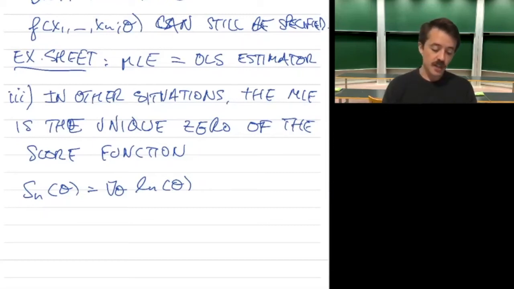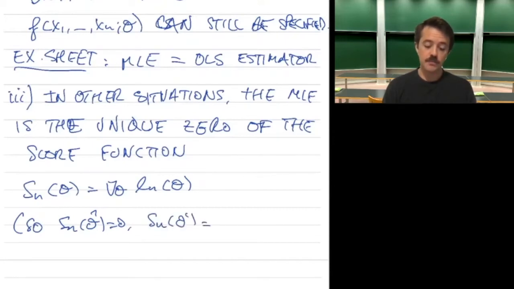So S_n at theta hat is zero, with the following notation: S_n at theta prime means the gradient with respect to theta, evaluated at theta prime.